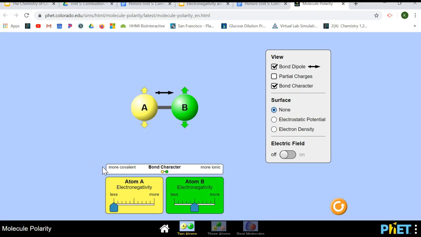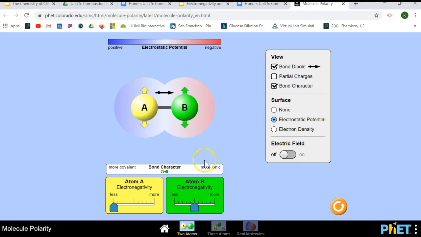So what you're going to do is click this electrostatic potential. This helps us see which regions tend to be more negative and which regions tend to be more positive. You're going to notice at this point, the way that my electronegativity is set up, that the bond character is in between covalent and ionic.